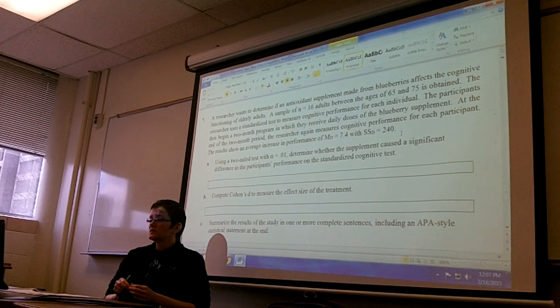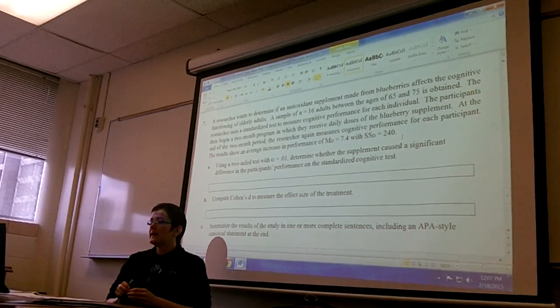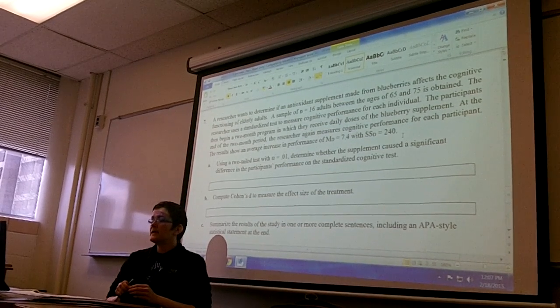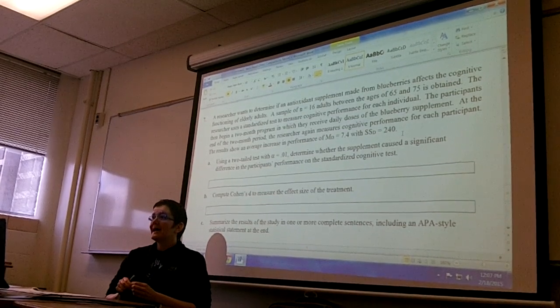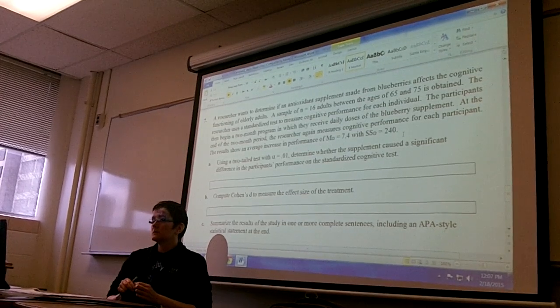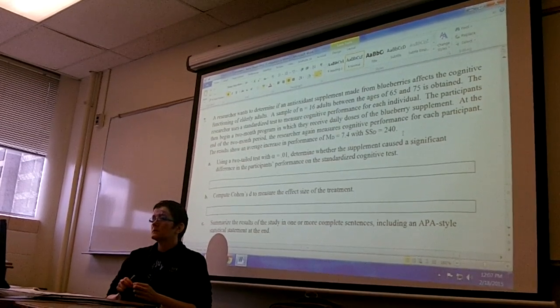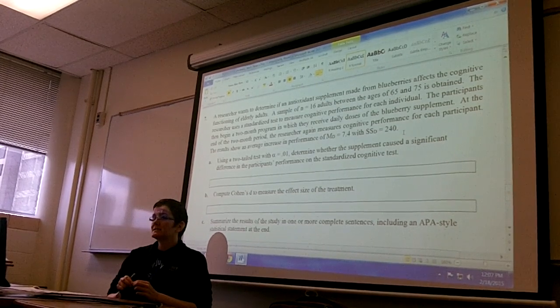Right, so there's one group of 16 adults, and they gathered data from them before they took the supplement, and data from them after they took the supplement. Right? So what does that sound like? That's a within subjects design.